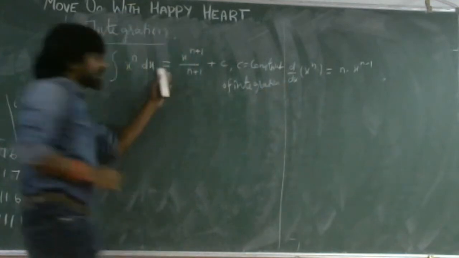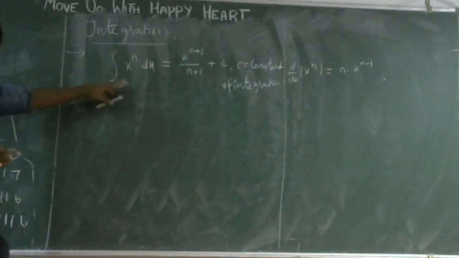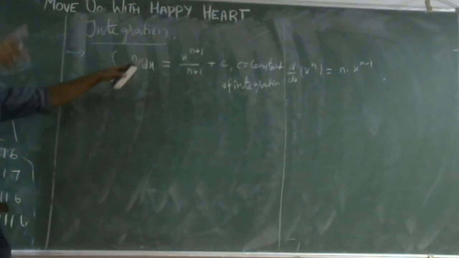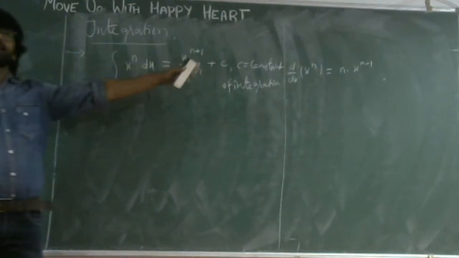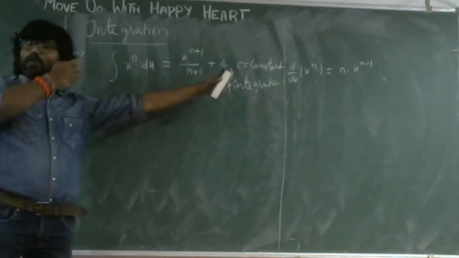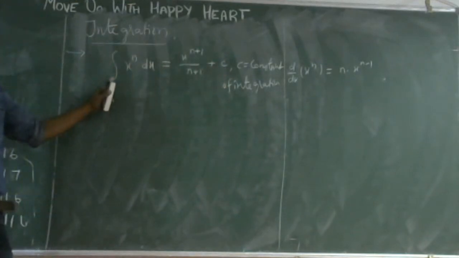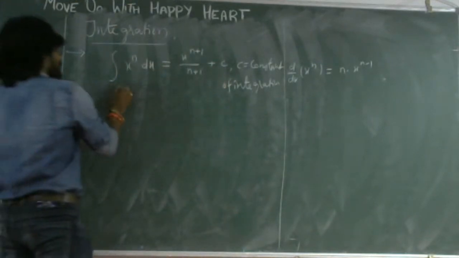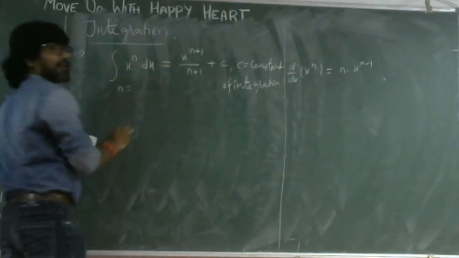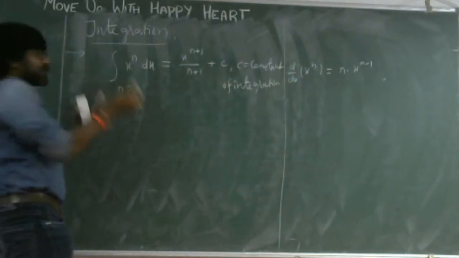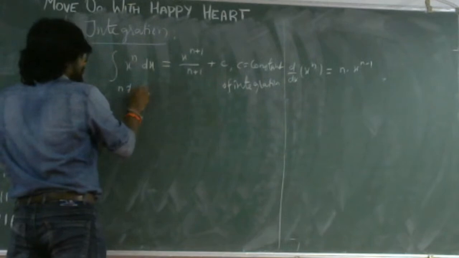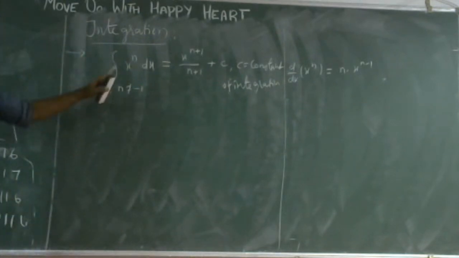This is applicable for all values of n: n equal to 0, 1, 2, 3 and so on, positive, negative, any fraction, provided n cannot be equal to minus 1. This is not applicable for n equal to minus 1.